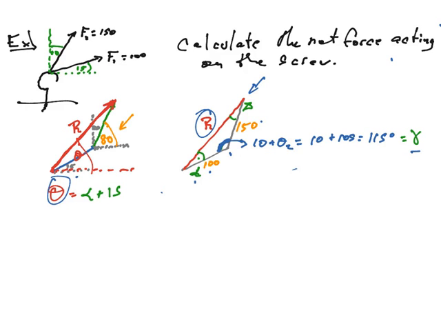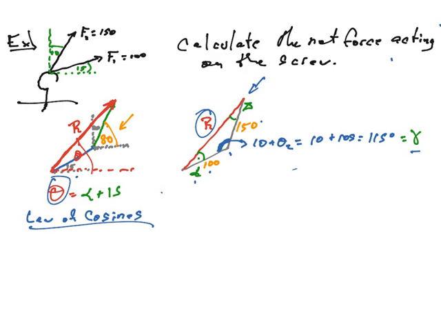Well, I know the 100, know the 150. Good. But then I also need to know the angle for R. Do I know that? I do. That's this gamma. I just calculated it. Aha. So I now know what I can do. I can use law of cosines to calculate side length R.